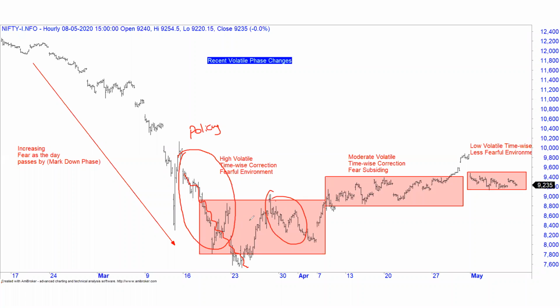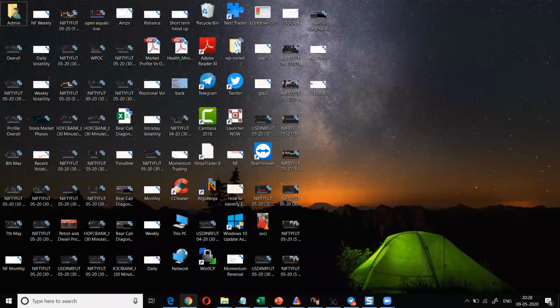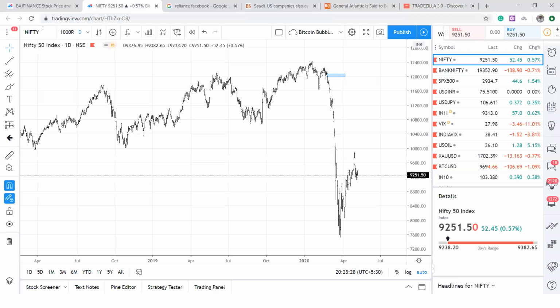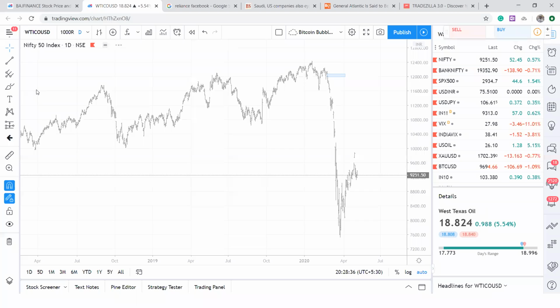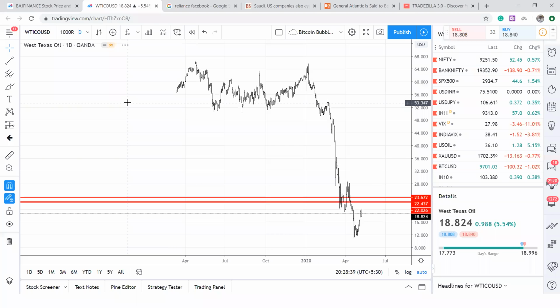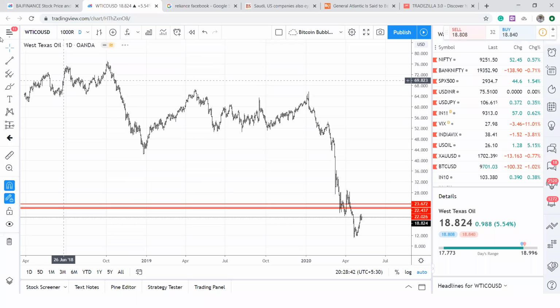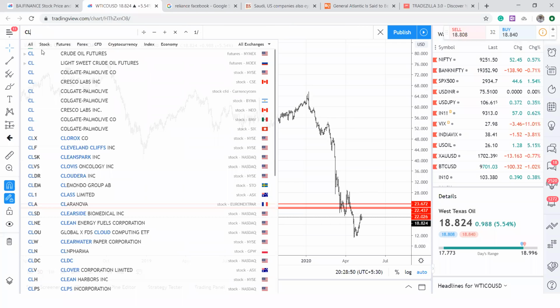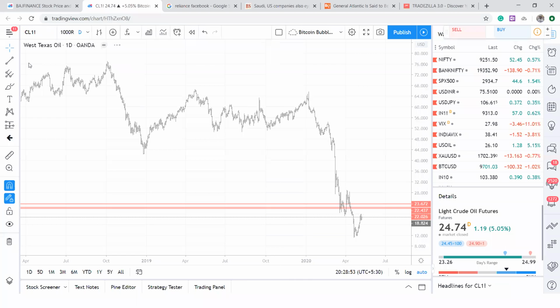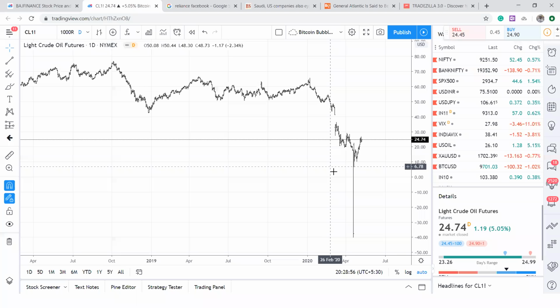Even if you go back and check the crude, you will find that a similar mechanism was at play. For example, let me take the crude oil charts, the US crude oil. So here is the crude oil chart, NYMEX crude.